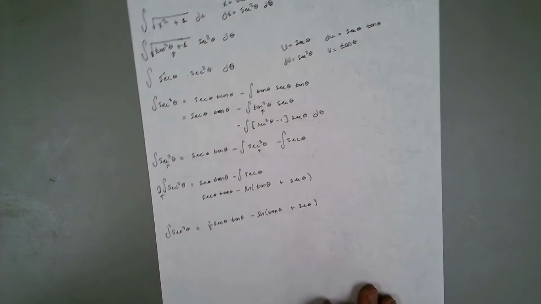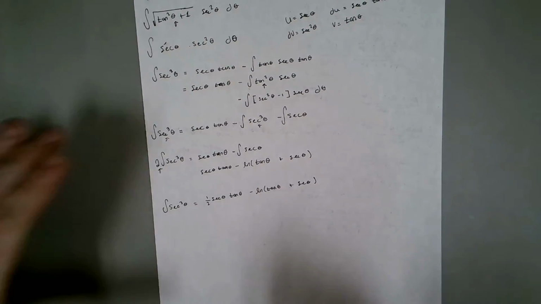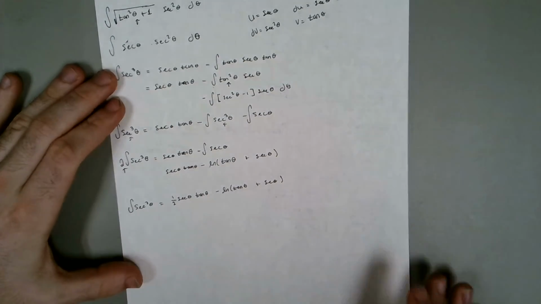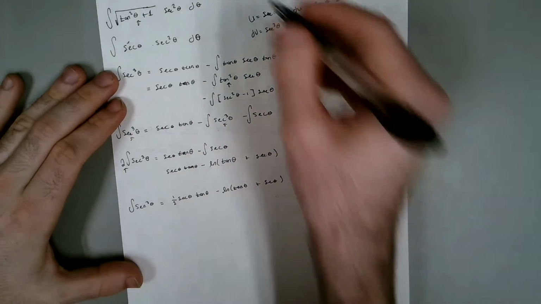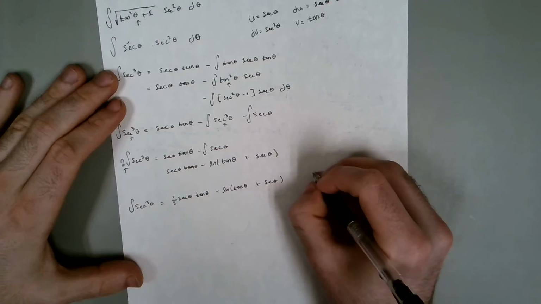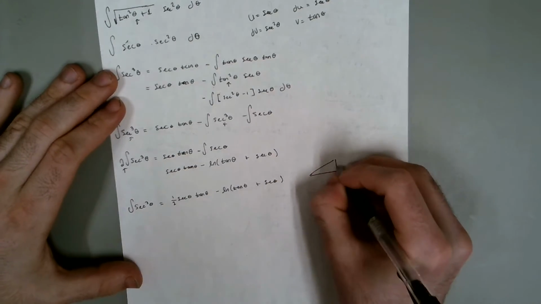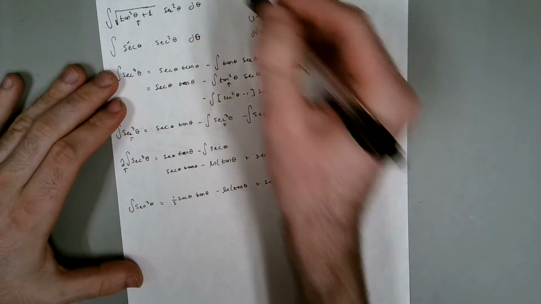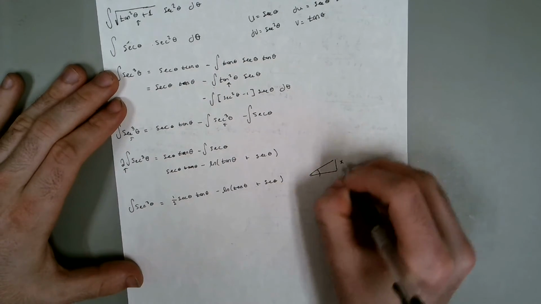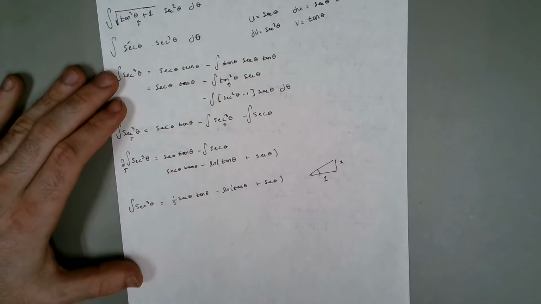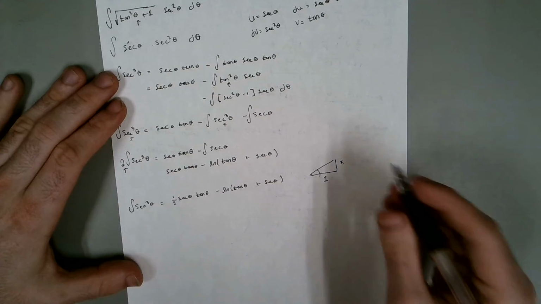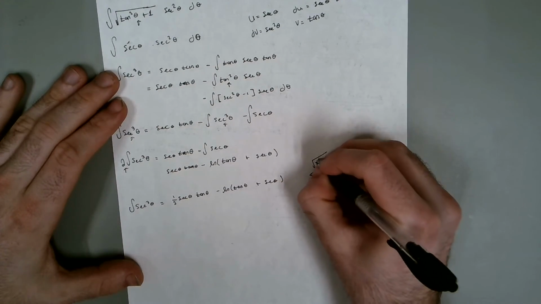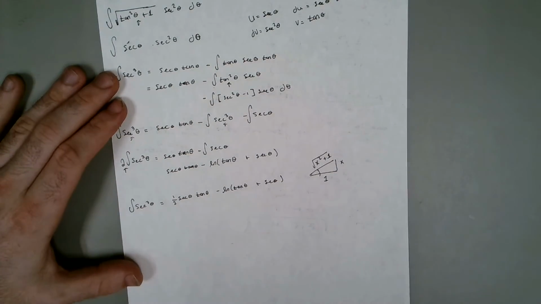Right, and here we have to do our little triangle to see what we ought to plug into our thetas here. Right, so our theta was an arctangent x over 1, x over 1, and then our hypotenuse here is going to be square root of x squared plus 1, right?